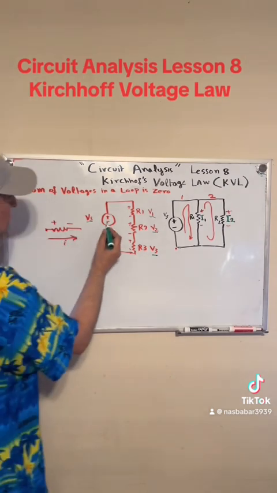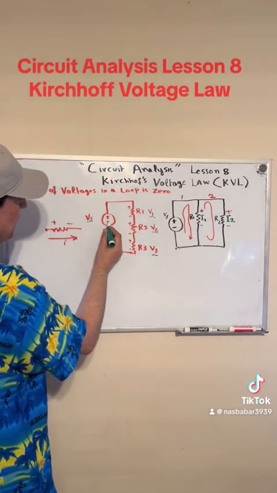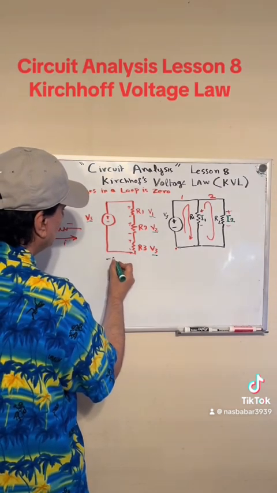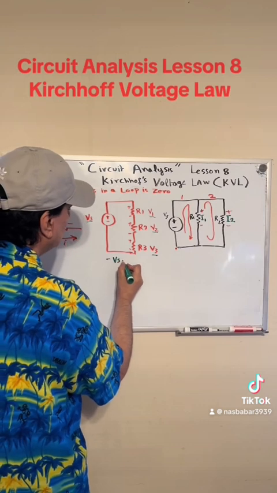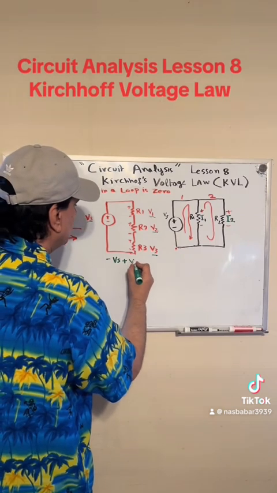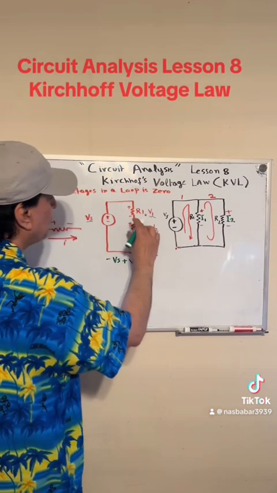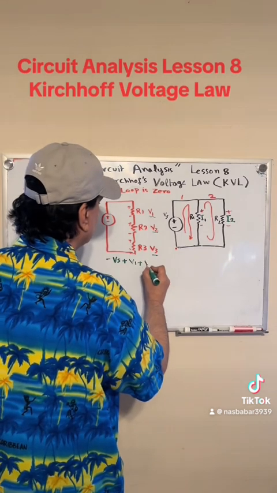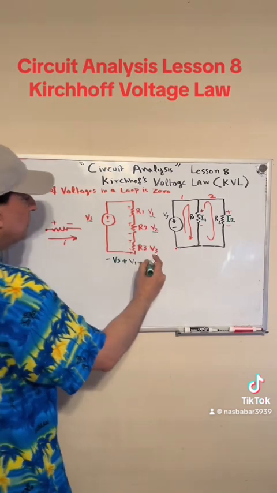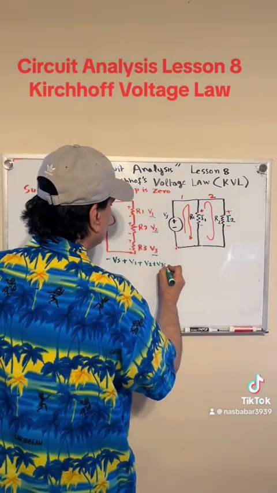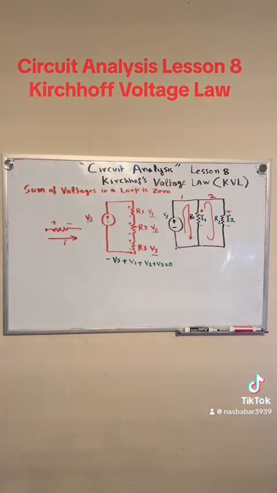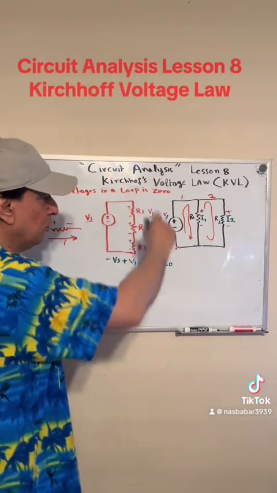In this case, I'm starting from here, and this is a minus, so it's going to be minus V sub S, plus the voltage drop right here, V1, plus the voltage drop right here, V sub 2, plus the voltage drop right here, V sub 3, is equal to 0. So that's what Kirchhoff's law states: the sum of all the voltages in a loop is 0.